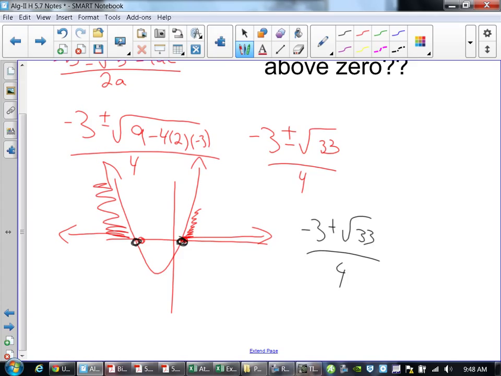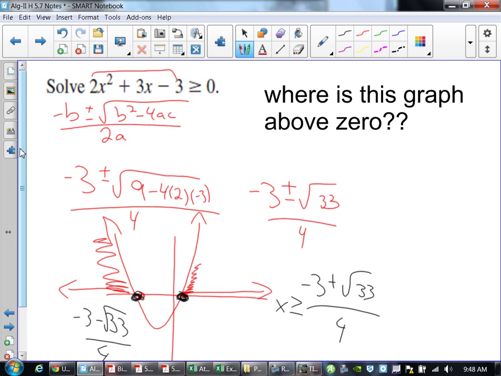That value is here. The other one is here. For this graph to be greater than 0, it has to be numbers that are bigger than or equal to. And the reason I put bigger or equal is because it had that.